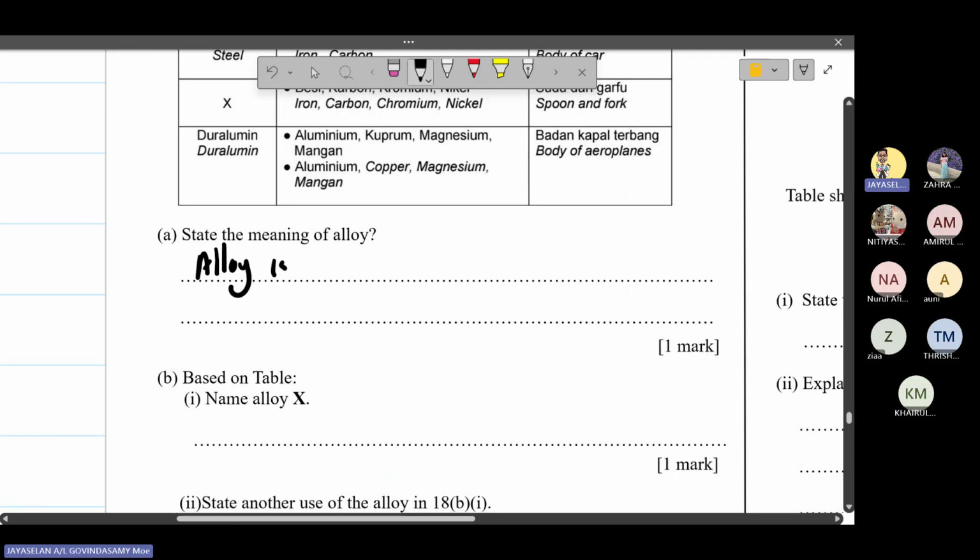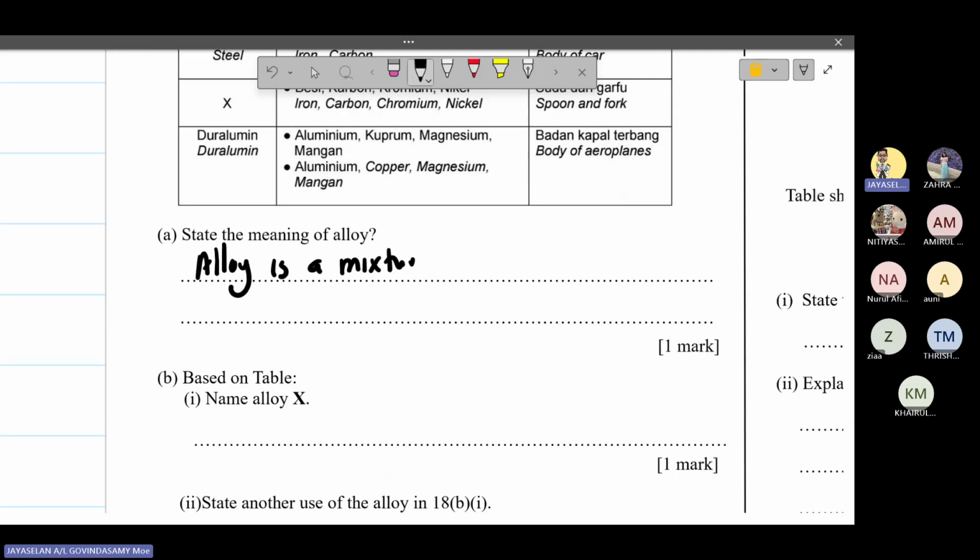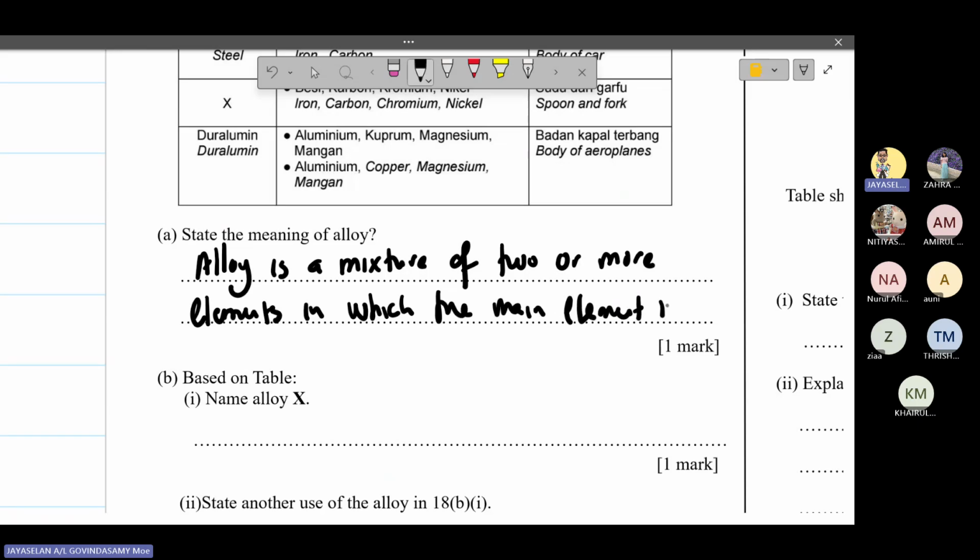Alloy, you put, alloy is a mixture of two or more elements in which the main element is a metal. You guys already score 1 mark. Very simple definition. Don't make mistakes in the exam.